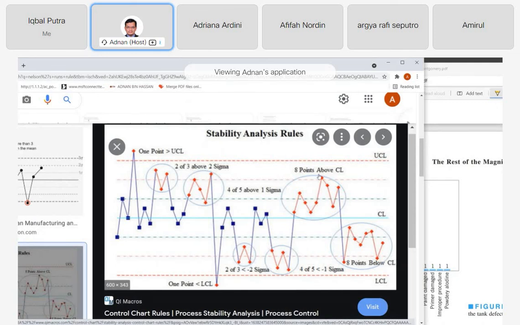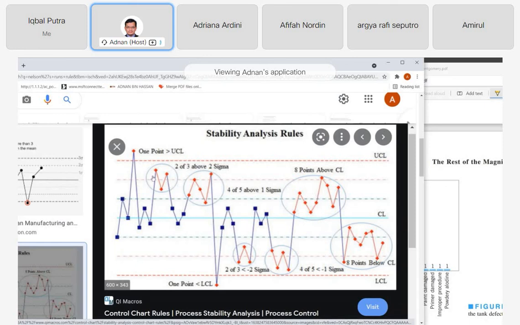The other rule says 8 points above the central line. So this is the central line, 1, 2, 3, 4, 5, 6, 7, 8. More than 8, actually. In this case it needs only 8. With natural fluctuation, the points must go above and then go below the central line: up, down, up, down.